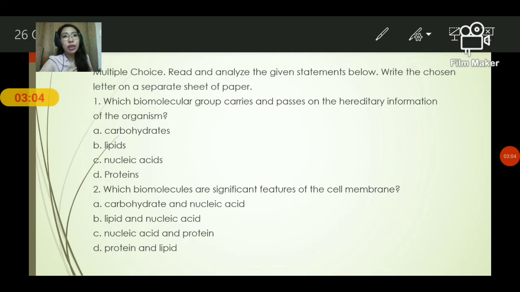Okay, so for question number 2, which biomolecules are significant features of the cell membrane? Is it A, the carbohydrate and nucleic acid, B, the lipid and nucleic acid, C, the nucleic acid and protein, or D, the protein and lipids?